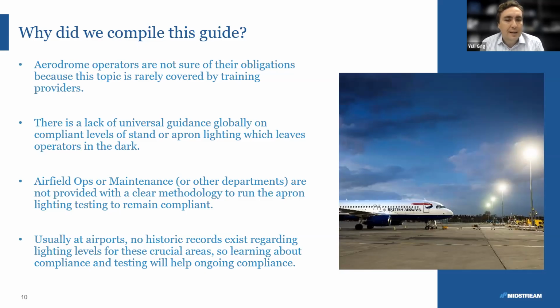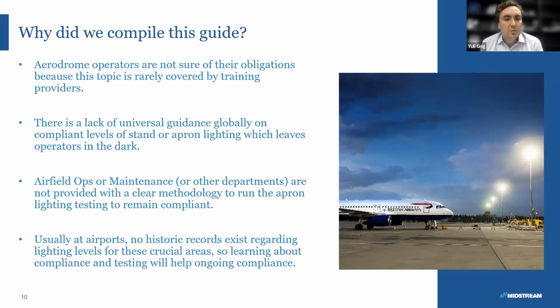Airfield operations or maintenance departments or others, they're not really provided with a clear methodology, and therefore, to run it is complicated. Do we follow the same methodology? If we haven't got one, how do we always do it in the same way? How do we compare the past with the present? So those are the questions that are typically coming up. And normally, what we found at airports, there's no historic record of what they've been doing before.